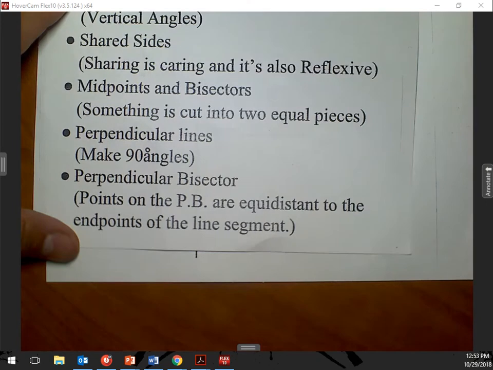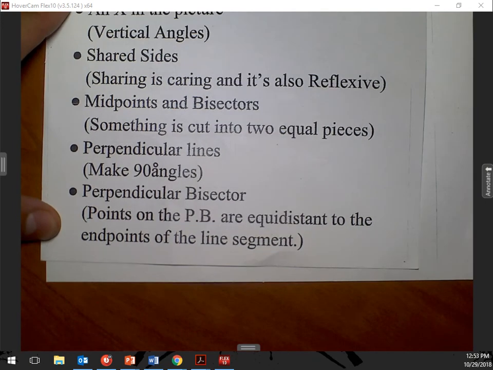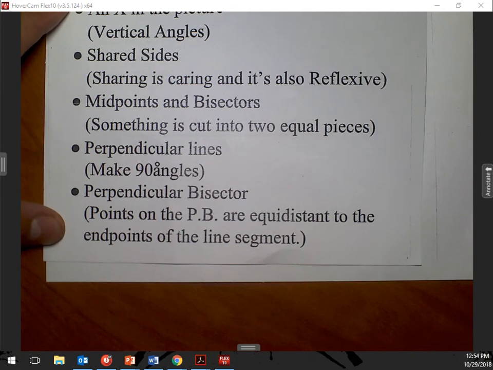Now, let's take a look. What is the next thing I'm going to write down for this? Midpoints and bisect? Do I have those? Shared sides.